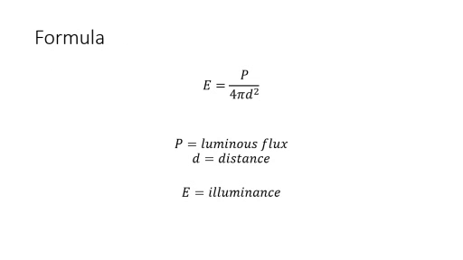All right, so the formula. The illuminance, which is how bright something is based on an area, is equal to the luminous flux, how much power is being produced by this light source, all over 4 pi times the distance squared.